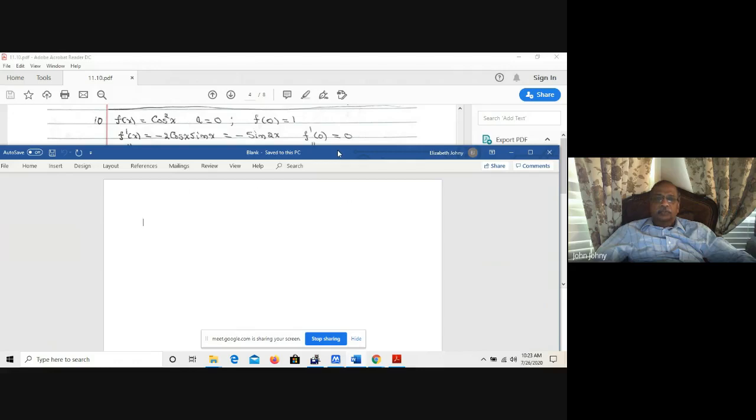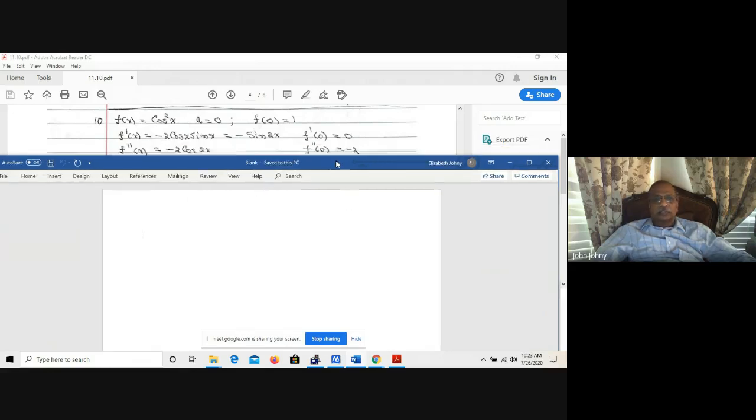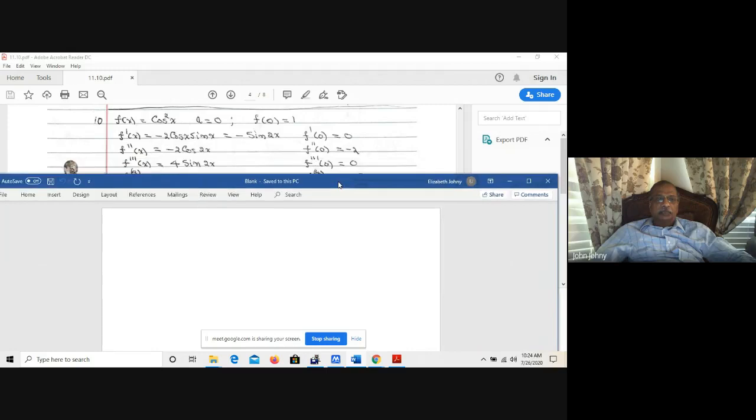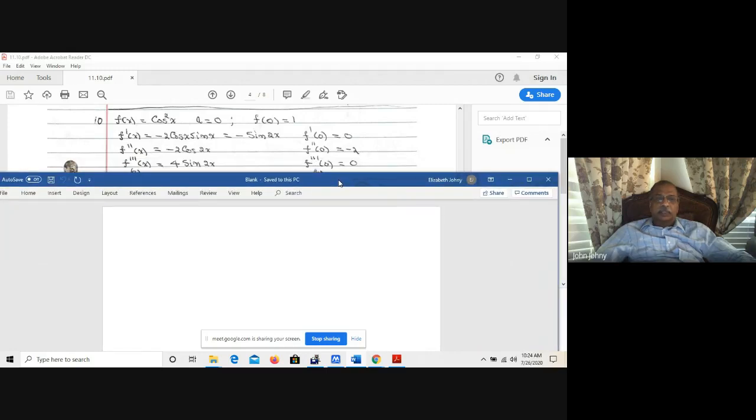So f prime 0 is negative sin 0, which is 0. f double prime x is negative 2 cos 2x, chain rule. Substitute x is equal to 0, so f double prime 0 is negative 2 times 1, negative 2. f triple prime x is 4 sin 2x. Substitute x is 0, you get 0.